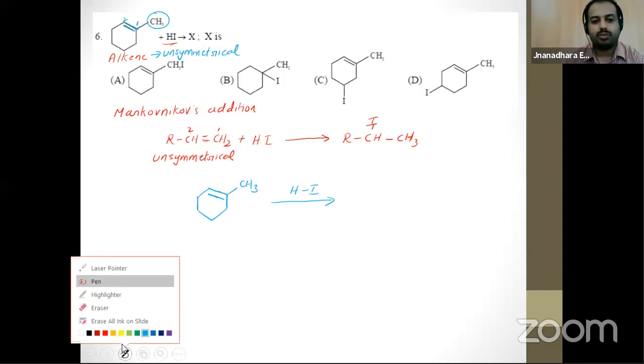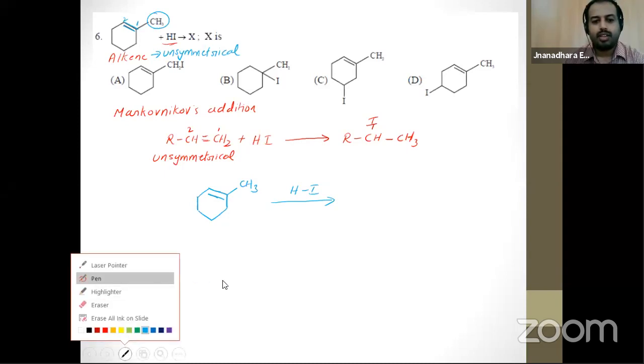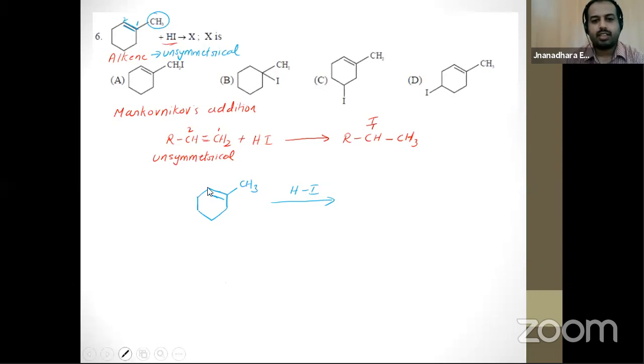Yes, it is this carbon which has more number of hydrogens. See this? It has more hydrogens now. So H goes to that carbon. Hence, iodine would come to the other carbon atom where CH3 is attached. CH3, and this is where iodine gets attached. This would be the product. So all of you who have marked option B, you are right. Option B is the answer.